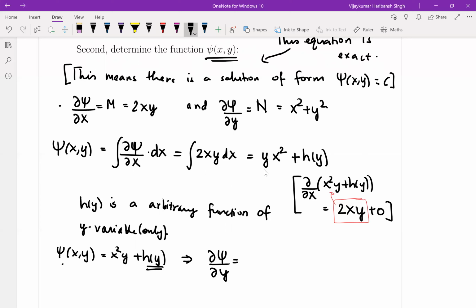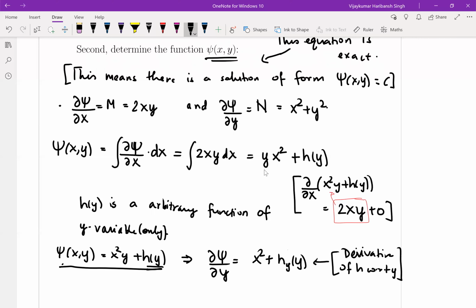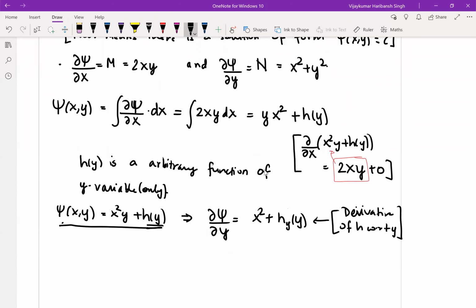On one hand, when you take the derivative here, you will see that this is going to be x squared plus h prime of y, the derivative of h with respect to y. On the other hand, from here you can see that this is equal to x squared plus y squared.